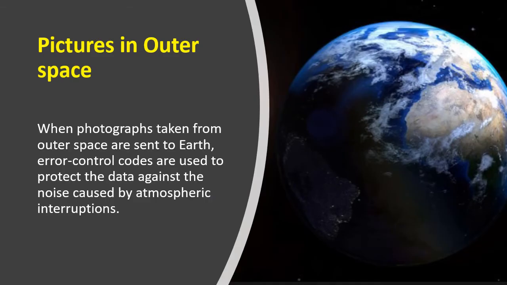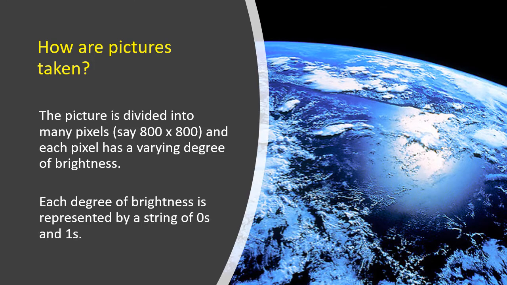Application. Take note, for example, when you take pictures in outer space, you use error control codes to protect the data against noise that can be caused by atmospheric interruptions. So how were the pictures taken? The picture is divided into many pixels, and each pixel has a varying degree of brightness. This degree of brightness is represented by a string of zeros and ones.